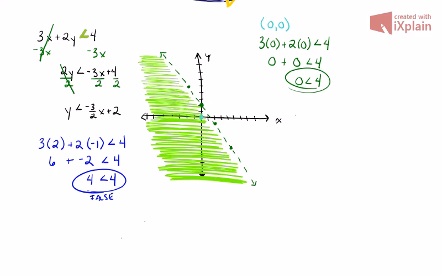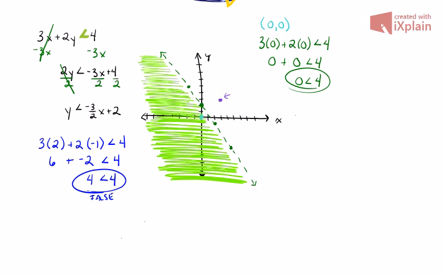If you're still not sure, let's go ahead and show an example of an incorrect one. So I'm saying, let's pick a point on the right side and show that we're going to get false statements. So how about we pick, let's see, how about (3, 3)? So I'm looking at this point here.